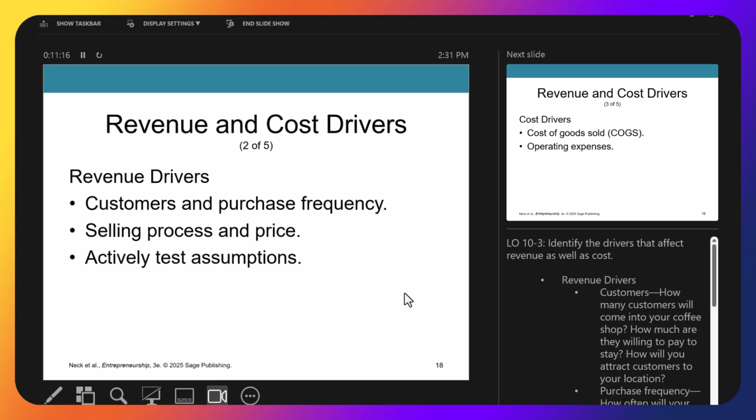How often do they purchase? Selling process and price: how are you selling to them, and what price are you offering them? If you have assumptions, for instance, you think you're actually selling something too low, you can always experiment and test your assumptions. Say, I think I can charge 50 cents more, or a dollar more, and see if they will pay it. If they will, you were correct.